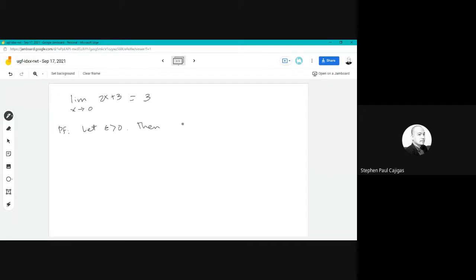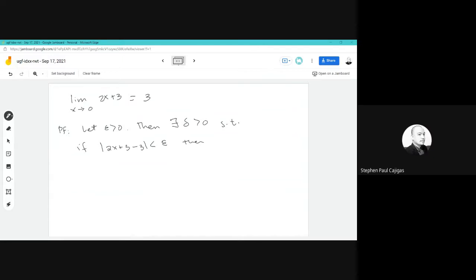Then there exists delta greater than 0 such that if the absolute value of 2x plus 3 minus 3 is less than epsilon, then what does it say? We discussed that in advanced calculus. Epsilon, delta. None, sir.